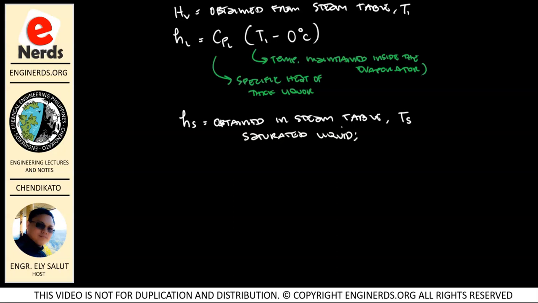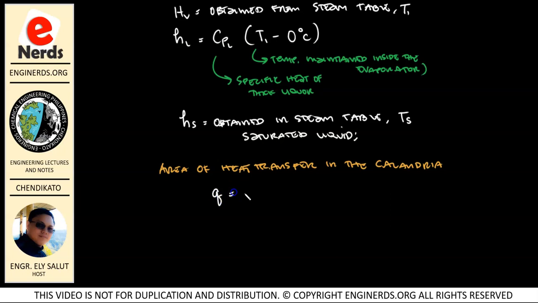Now, there are other things na I would like you to take note. One is how to find the area of heat transfer in the calandria. Okay? Well, the basic equation for solving the capacity of single effect evaporation is this formula.